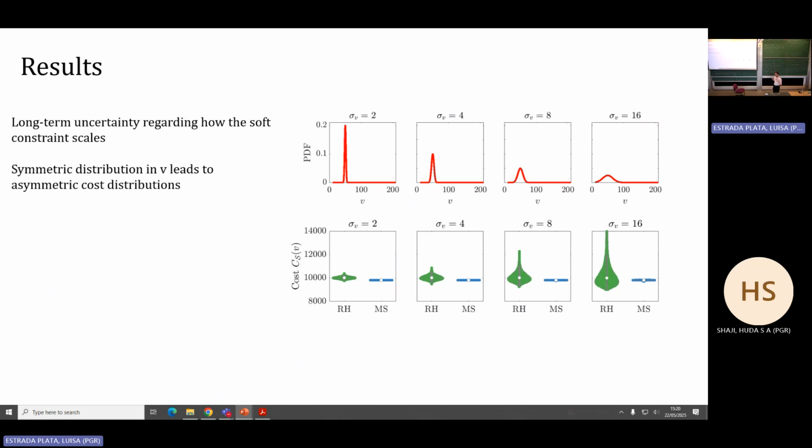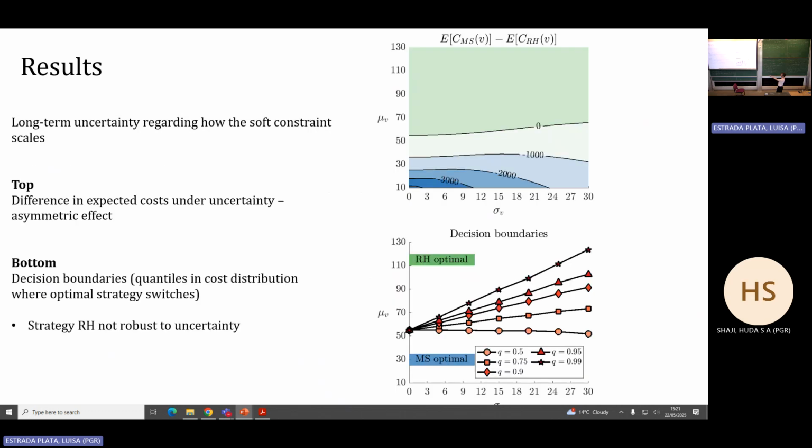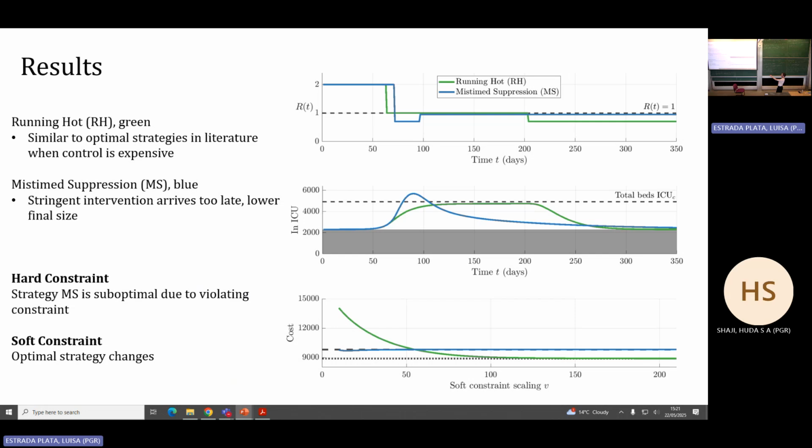So the uncertainty in our underlying variable V is going to lead to cost distributions for the two strategies. And what happens is that these are qualitatively different. So as uncertainty increases, this running hot strategy has a heavy tail distribution. For most parameters, it's fine.